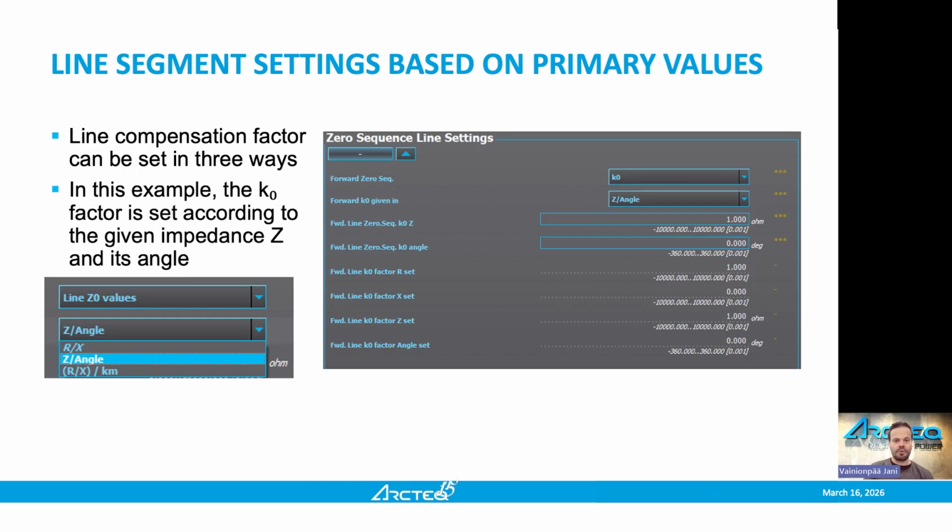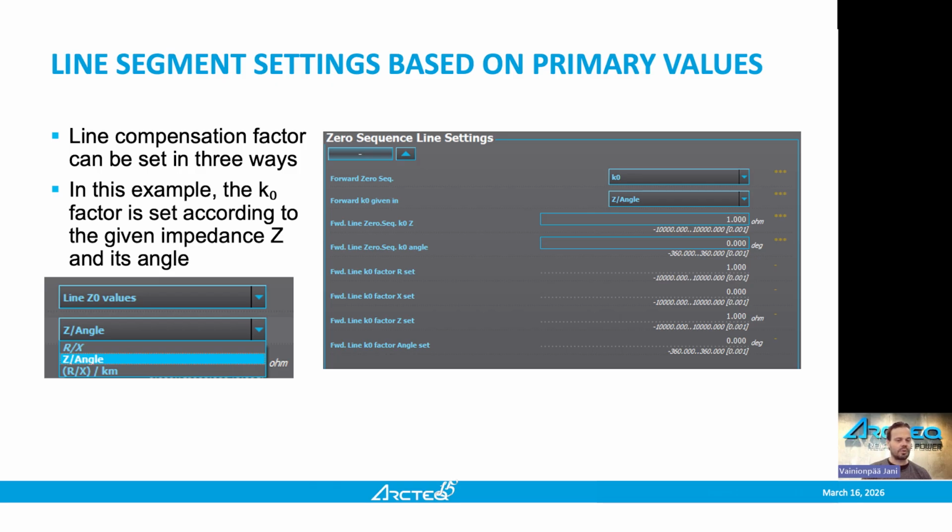And once we move forward, then on top of setting those 3 protected lines, we also need to set the compensation factor for those lines. And in our relays, even though we now have 3 protected segments, we only set 1 compensation factor for all those 3 segments. And that line compensation factor can also be set in 3 ways.